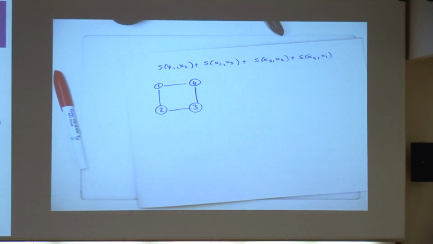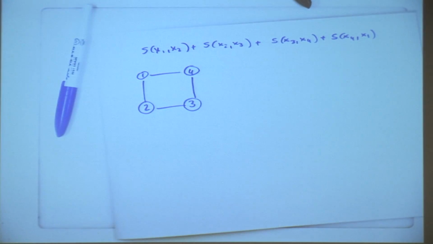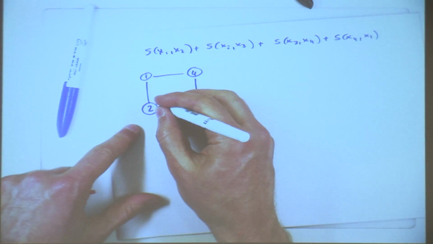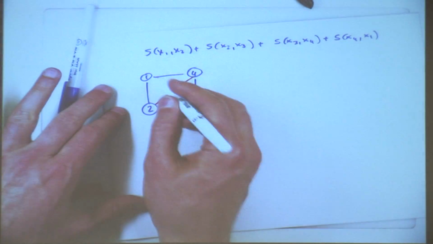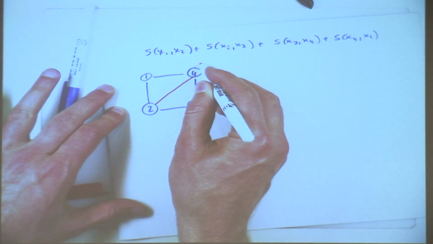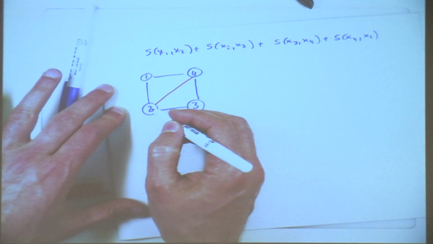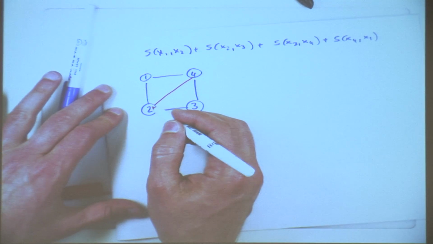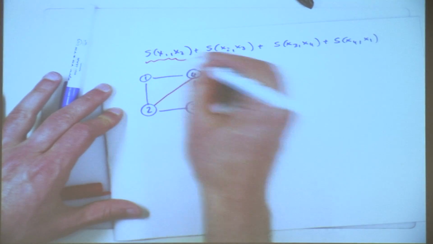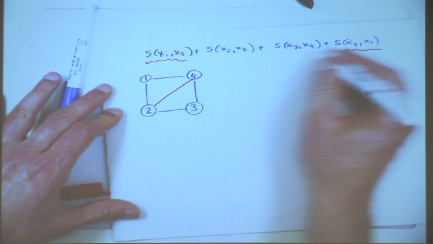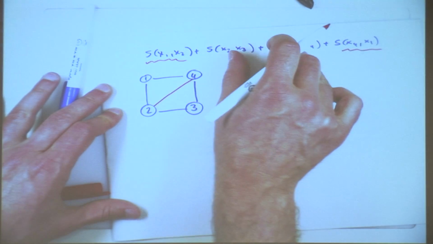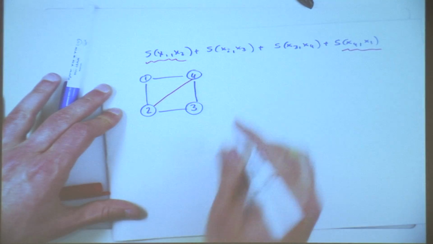Okay, so now let's introduce an edge. Let's say we introduce it here. Now we need to aggregate the functions that contain variables 1, 4, and 2. So that's this one here, 1 and 4. We don't need this because it doesn't fit in here, nor this one.